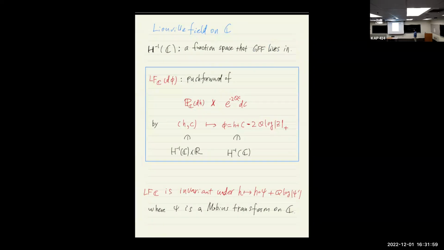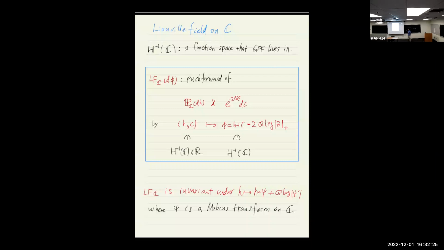Right, so recall that one drawback of the definition of the Gaussian free field is that if you consider the Gaussian free field on the Riemann sphere, this cannot be a conformally invariant function. So in the business of Liouville gravity, you always want to have some conformal invariance.